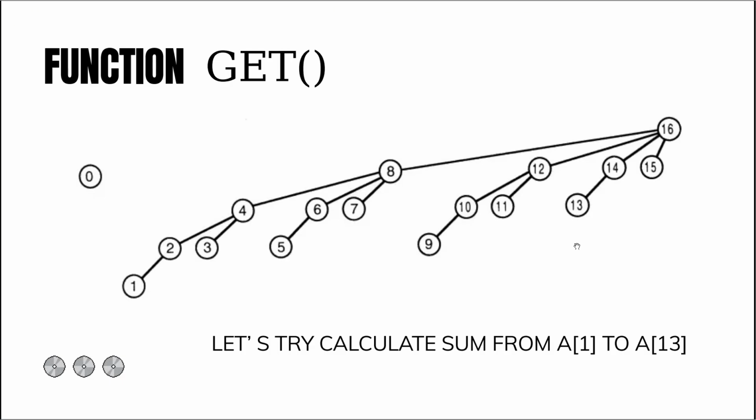So we only add bit 13 plus bit 12 plus bit 8, because bit 8 contains 1, 2, 3, 4, 5, 6, 7, right? And bit 12 contains 9, 10, 11. So it's very amazing. You understand?